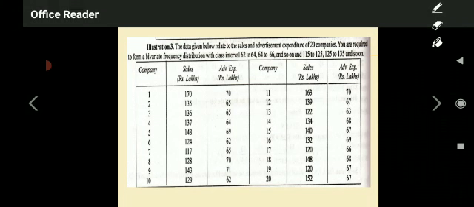If the class interval is given in the question paper, no problem, you have to refer to the same class interval. Here in the example, it is mentioned. It is 62 to 64, 64 to 66 for advertisement expenditure, and for sales, it is 115 to 125, 125 to 135 and so on.